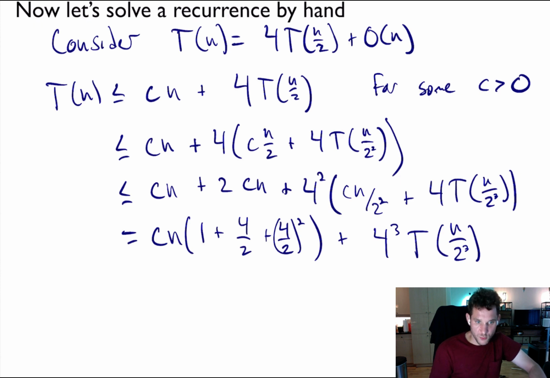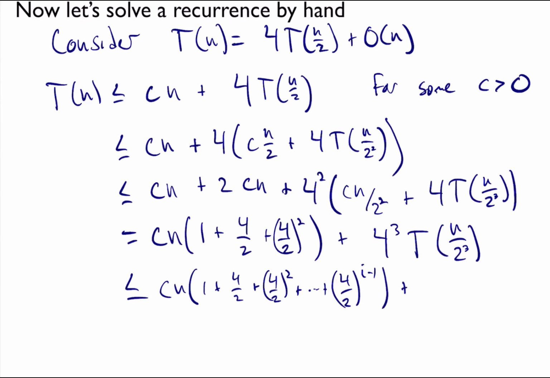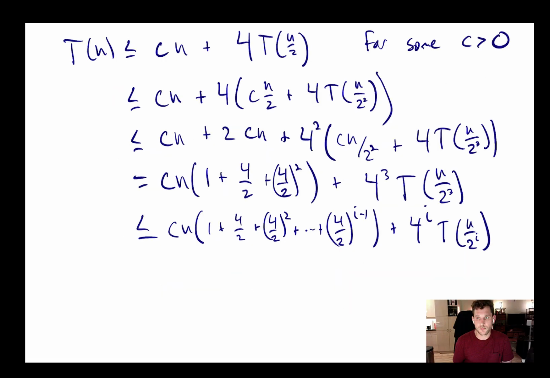If we continue to unroll this i times, I can get to the point where I have c times n times 1 plus 4 over 2 plus 4 over 2 squared up to 4 over 2 to the i minus 1, plus 4 to the i times t of n over 2 to the i. That's if I were to unroll this i many times.